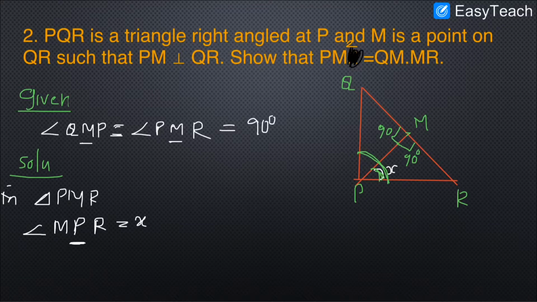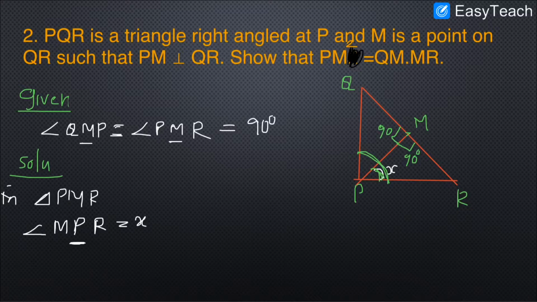Let me mark this in the picture. This one is 90 minus x. Put it in the bracket. Now we found out all the three angles in triangle PMR. Let's try to find the other two angles in triangle QMP. This time let's take triangle QMP.